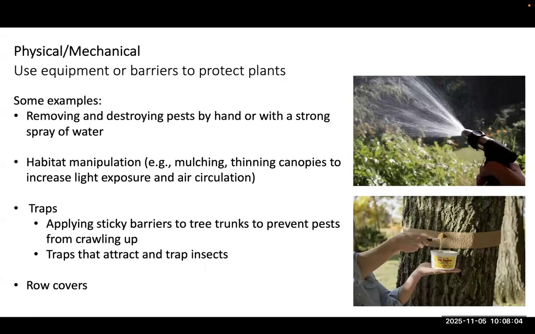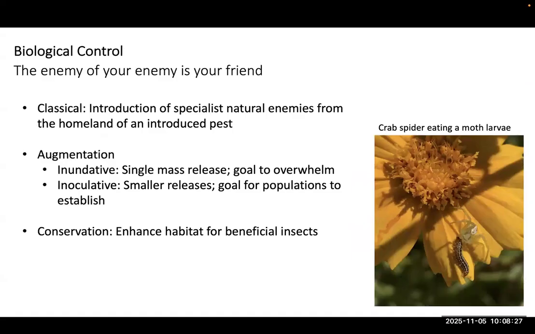Physical, mechanical, this is the idea you're basically using equipment to exclude or remove pests, right, physically. So some examples, using a strong stream of water to dislodge aphids, habitat manipulation like mulching, traps, and row covers, right? So these are ways that you're excluding your pests.